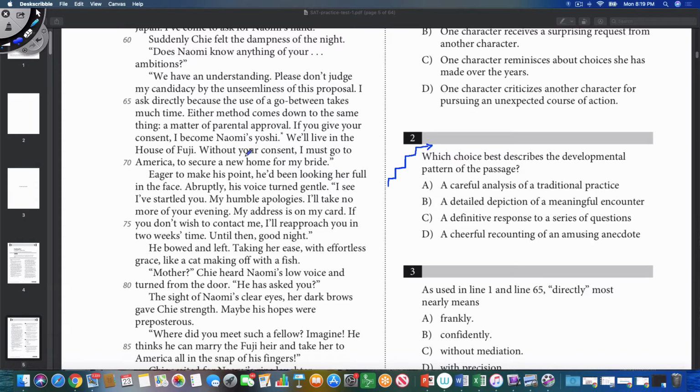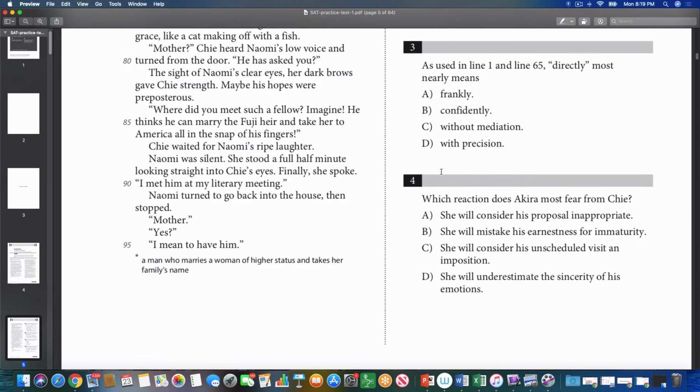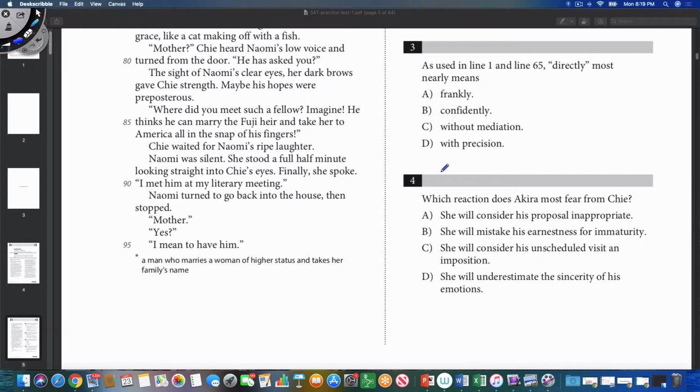So in this particular case, let's say we take some other question where we are trying to remember another global question. So let's go to number 4. And number 4 is asking me what reaction does Akira most fear from Chi? So I can think of Akira as a person, and then Chi is the other person.